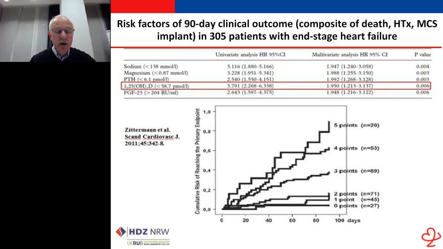And one of these parameters was 125 dihydroxyvitamin D. Low levels of 125 dihydroxyvitamin D was associated with a higher risk of poor clinical outcome, and also high levels of FGF23 was associated with a higher risk. And it was possible to reach 5 points with this risk score, and those who scored 5 points, they had a much higher risk of poor clinical outcome than those with 0 points with this risk score.